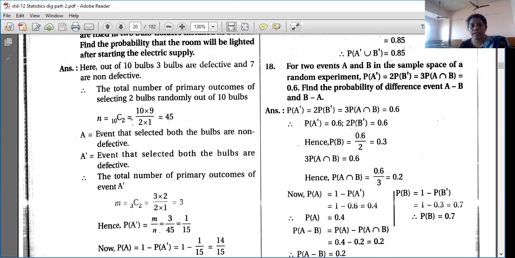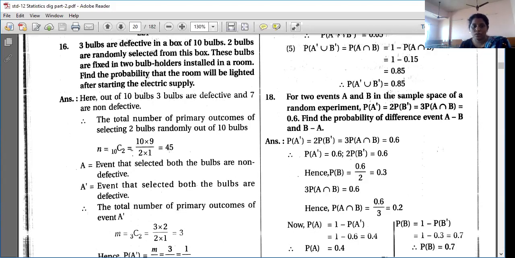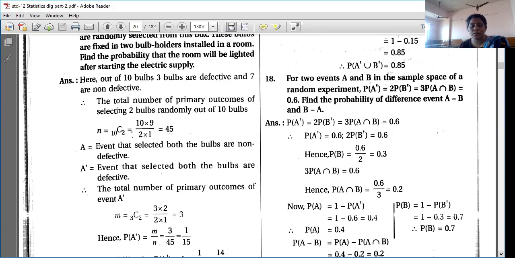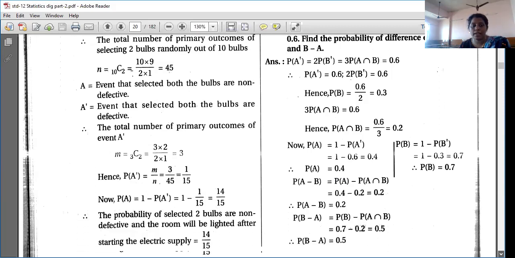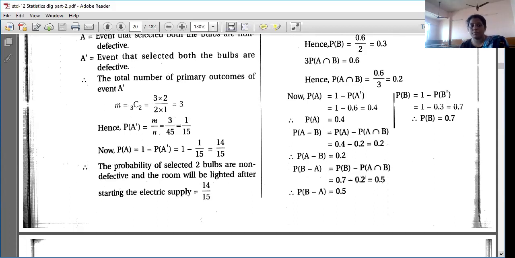If a statement like A dash is given, you have to make use of that A dash also to solve the sum. So अगर आप लोग directly A find करोगे, so A dash का कोई use नहीं आने वाला, so you have to make use of A dash also, so that both the things, defective and non-defective, will be used in the sum. If you are finding A directly, I don't think you will get the answer. So you have to make use of A dash also: P of A dash find करना है, then P of A is 1 minus P of A dash. Like this if you are doing, then you will be getting your answer also.